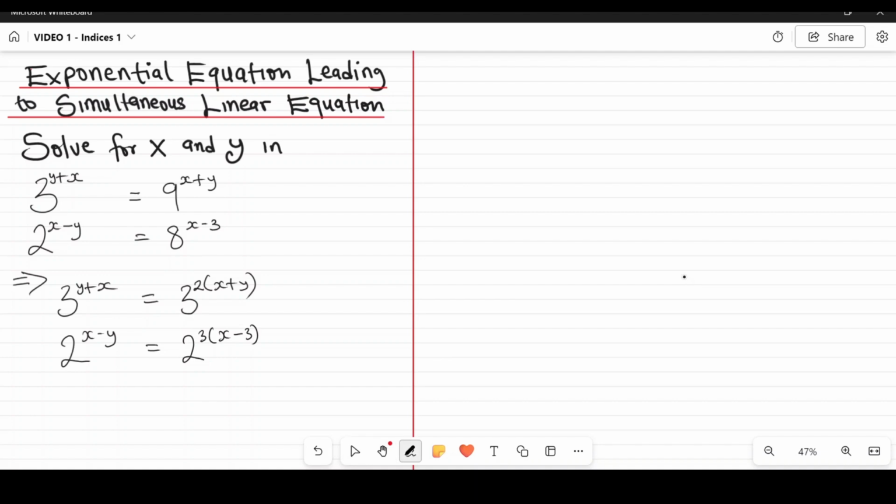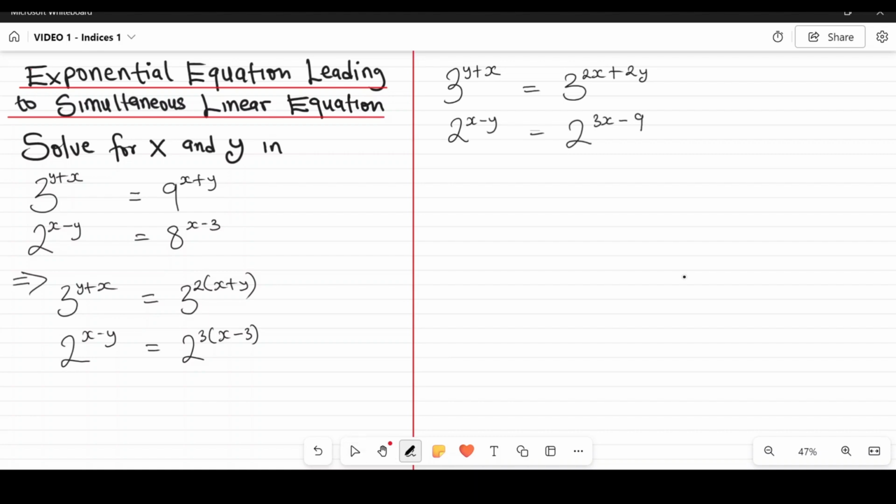So we have that this should be written as 3 raised to the power of y plus x equal to 3 raised to the power of 2x plus 2y. Again, we have 2 raised to the power of x minus y equal to 2 raised to the power of 3x minus 9.